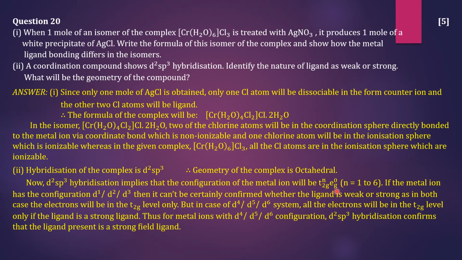So in that case we can definitely say that the ligand is a strong one if the hybridization is d2sp3. And above d6, that is d7, d8, d9, d10, the hybridization will be always sp3d2. So leave that part. For d2sp3 hybridization, if the metal ion contains 4 electrons or 5 electrons or 6 electrons in the d subshell, then it is certain that the ligands present are strong ligands.